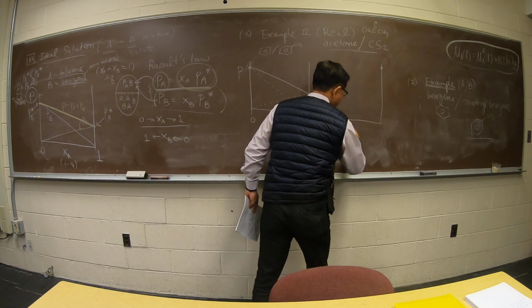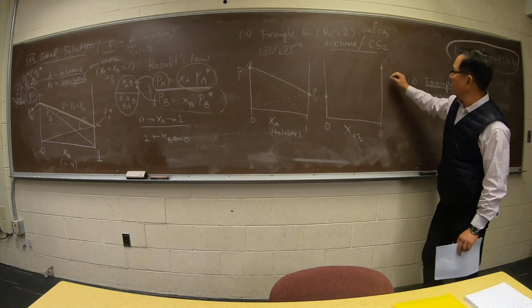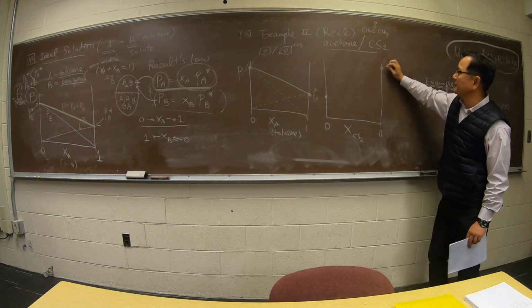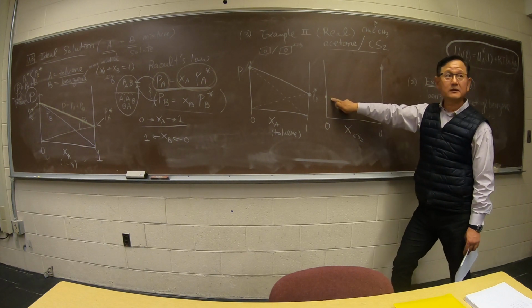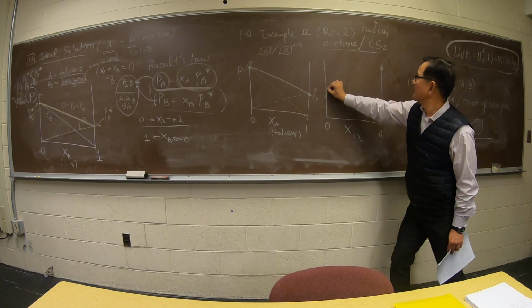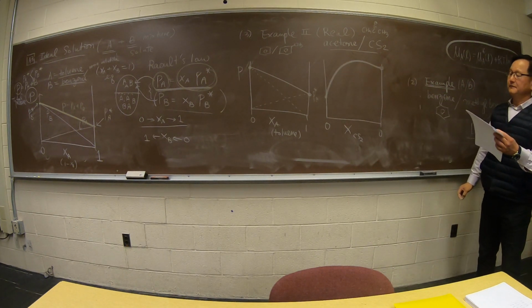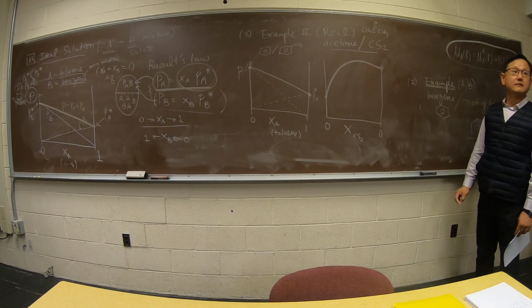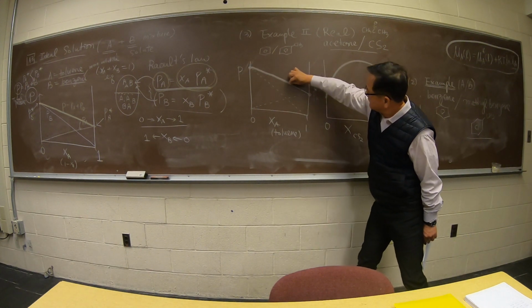Here XCS2, carbon disulfide. And this is the vapor pressure of carbon disulfide. So this means they are more volatile compared to acetone. And if you do that, that's what the data looks like. Okay. So this is the one for vapor pressure.